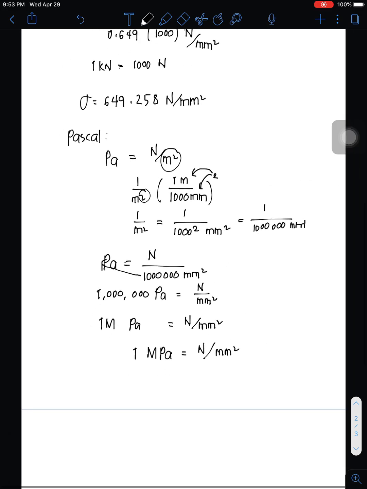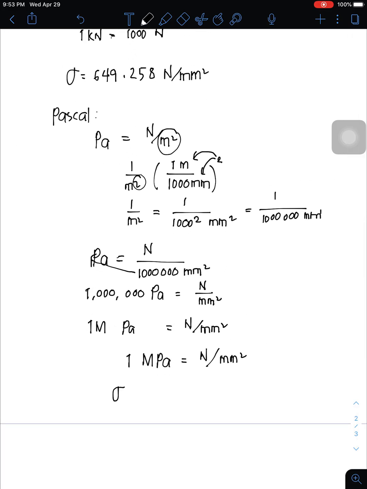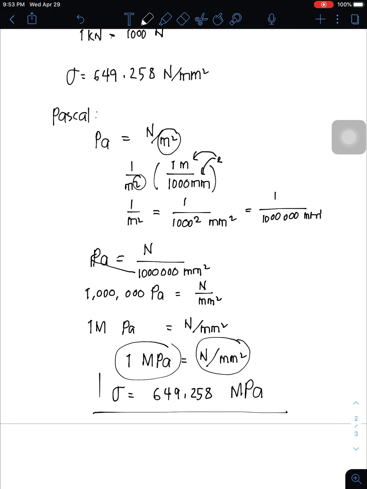So to finalize our answer, our stress is equal to 649.258 newtons per square mm. Instead of using this, we can now use 1 megapascal. This is our final answer.